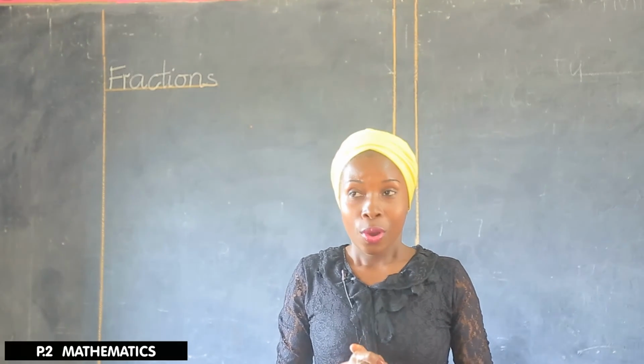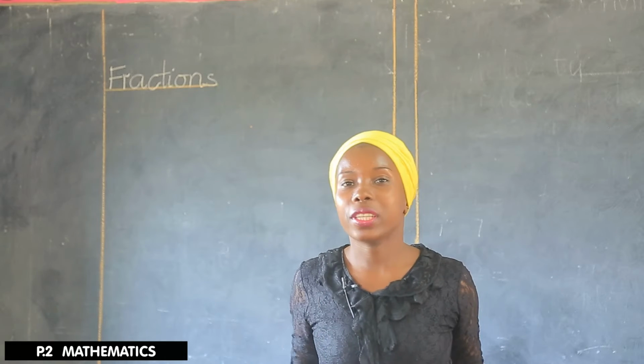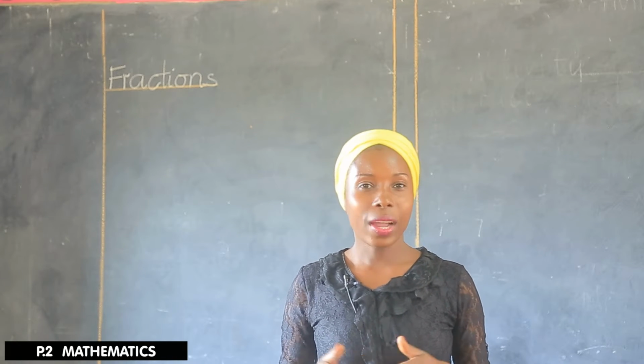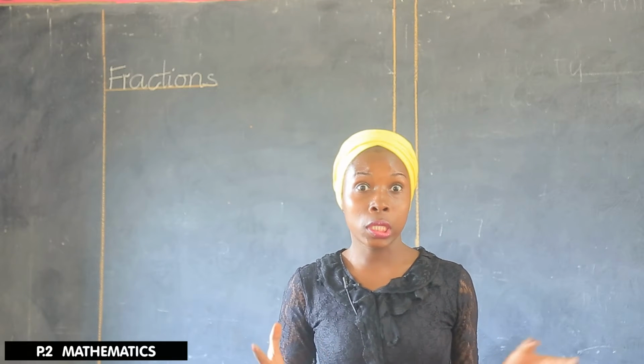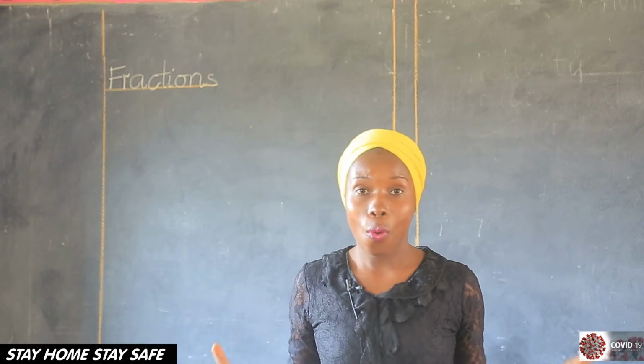Are you ready? Alright, we've been talking about adding, subtraction, multiplication. I know you can do that. You know, when we're counting, we always count in numbers, 1, 2, 3, 4.